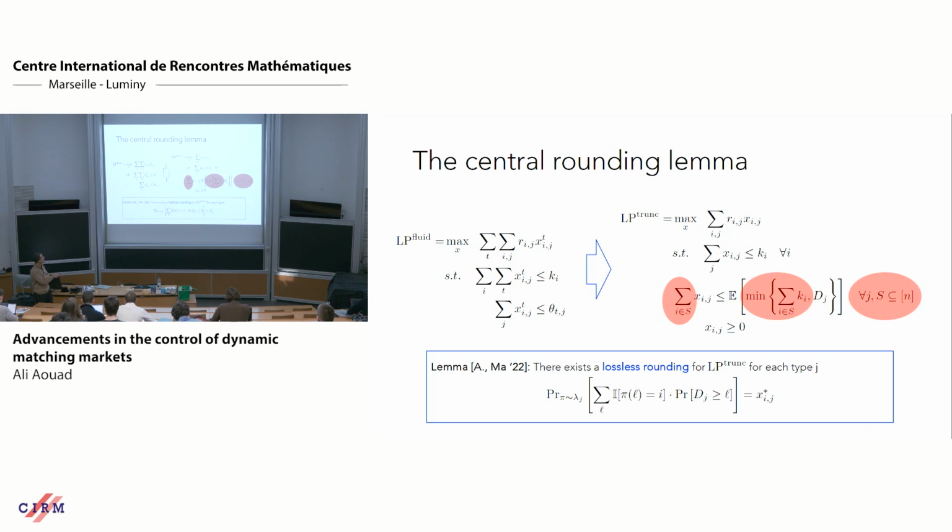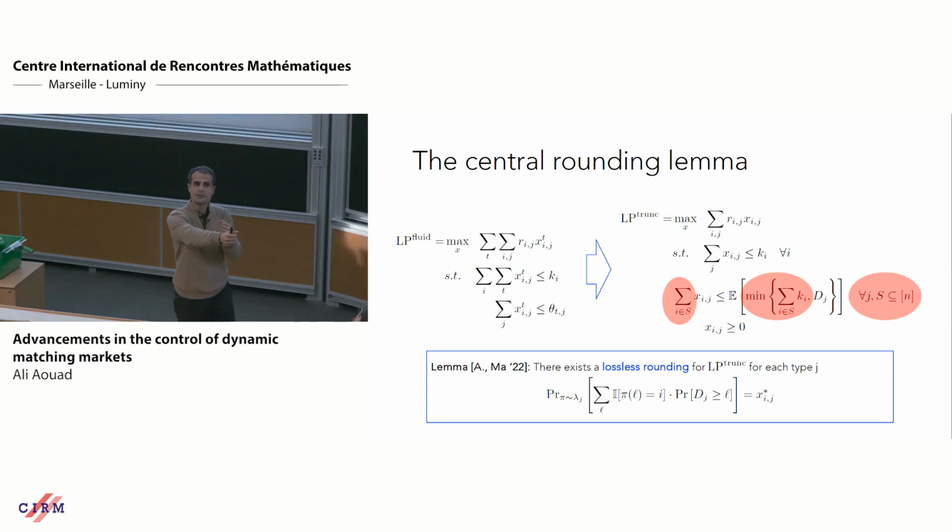That's what this central lemma is saying: give me any vector that is in this polytope, and I don't know how much demand will show up of a particular type, but I can route this demand to the different resources at rates exactly equal to the vector that you gave me. So the xij is actually happening, okay?